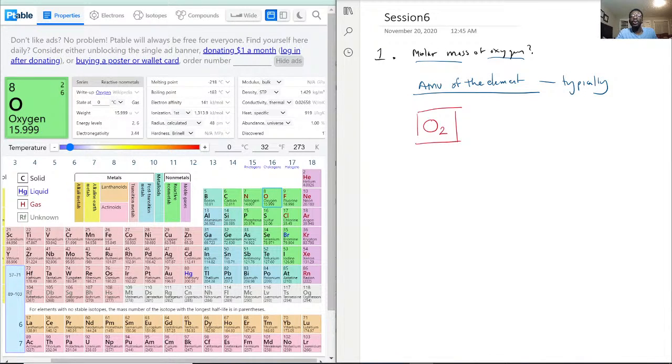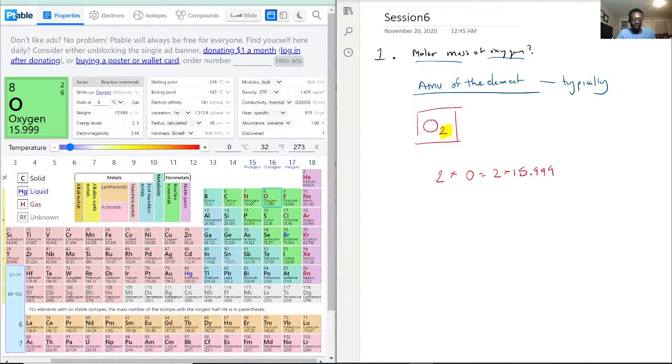What does that mean? We follow the same rules of how we calculate the molar mass of any molecule, where we use the numbers given to figure out how many multiples of that atomic mass we have. So we have 2 times O. That's the only element we're dealing with. So it would be 2 times 15.999, according to that.